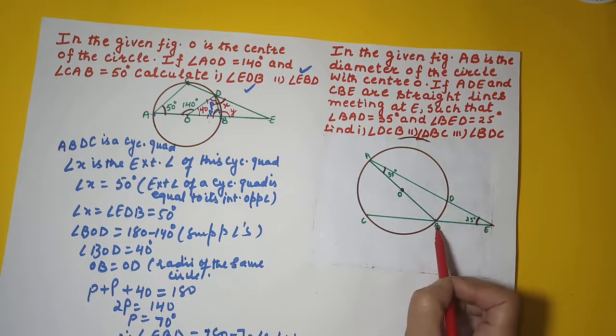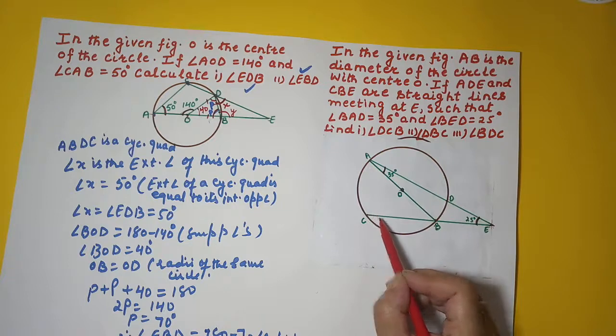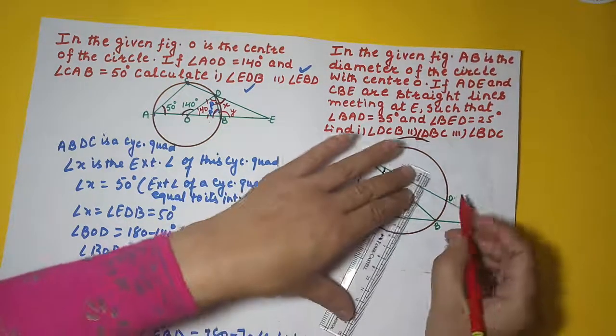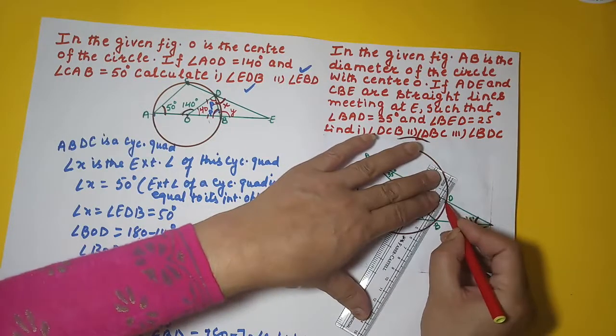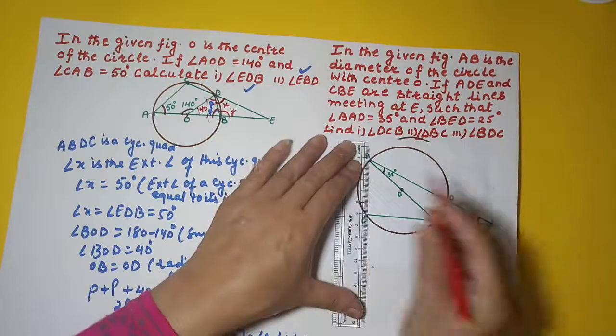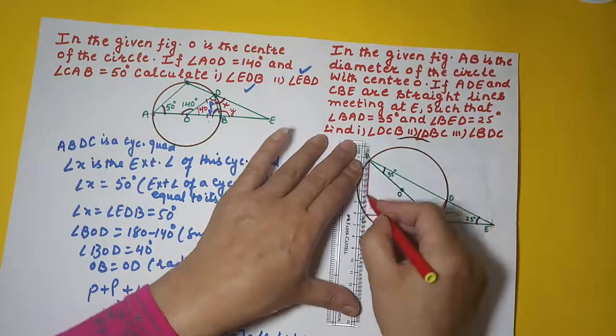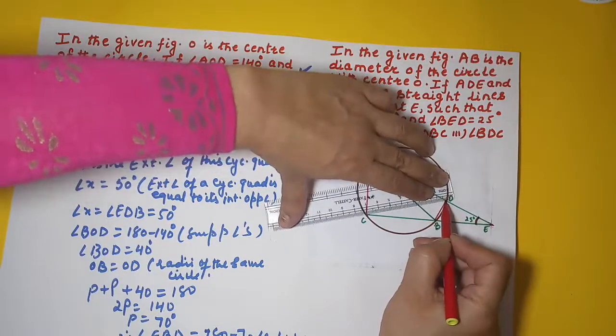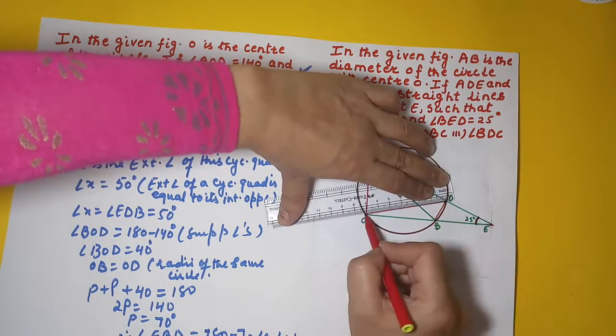and DBC. That means we need to do some constructions. Let's do the constructions first. We will join this. We will also join this. And then we will join this also. Okay.